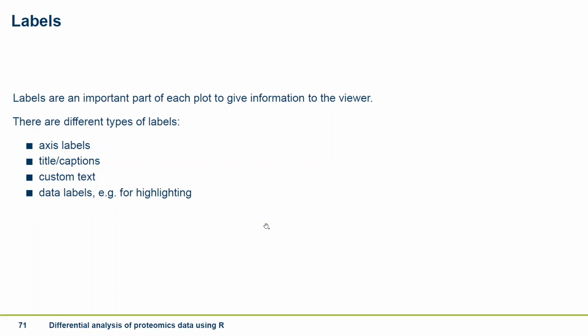In plots, you have also different kinds of labels, which are really important to give information to the viewer what he or she is actually seeing in the plot. This can be axis labels, this can be titles, custom text within the plot, or labels of specific data points, for example for highlighting them.